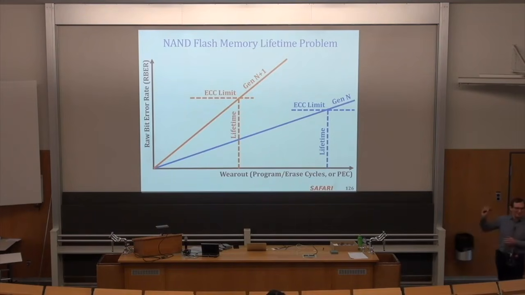I've shown this in a much different way earlier when we first started the flash memory lectures, but this is really the fundamental problem. You move from one generation to another generation, even though you may have increased ECC capability, you actually get less lifetime. And I've shown you the numbers for this very early on in the previous lecture, lecture 14B.